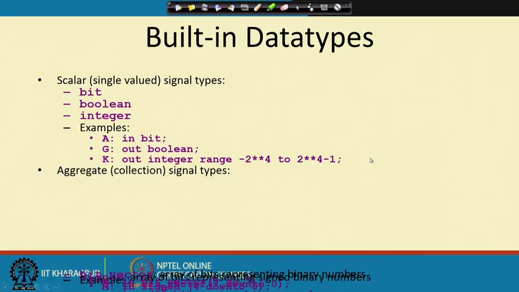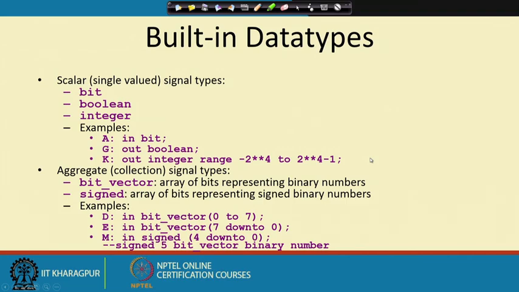For the aggregate one, or the collection, we have the bit vector, because most of the time in digital design we will have connections which are arrays in nature.